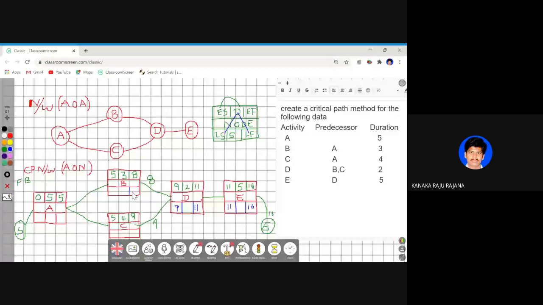So a single activity is split into n number of activities, so there is no need to consider the minimum or maximum. So I placed my late finish value as 9. It has been placed in B as well as C. What about this, 9 minus 3, which is nothing but 6? 9 minus 4, which is nothing but 5.